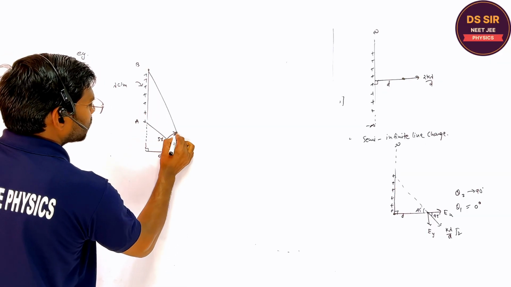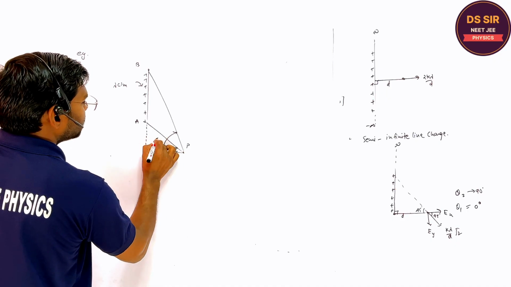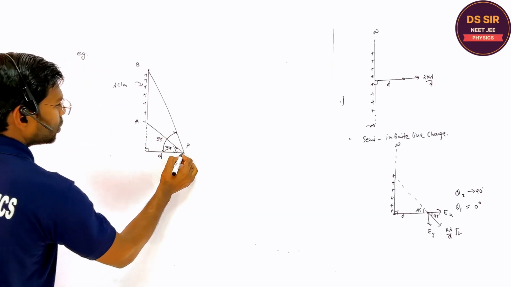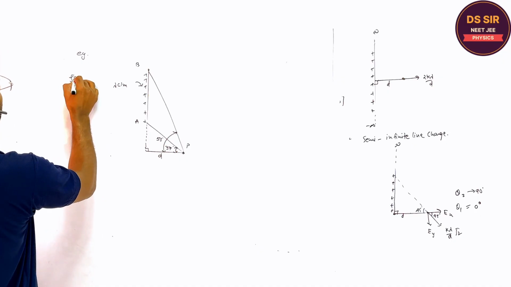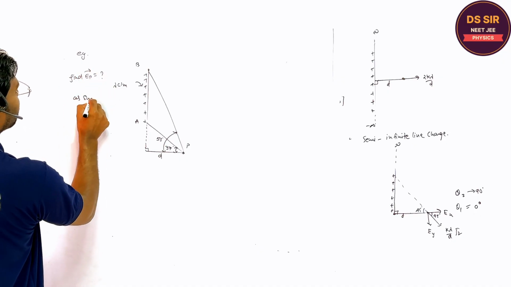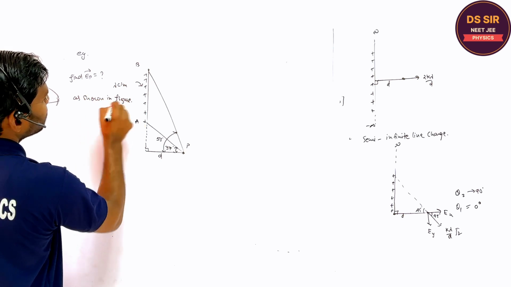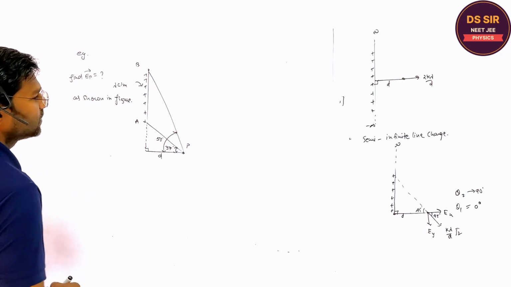You understand or not, you tell? This is 37 degrees. This is 53 degrees. You have to find the electric field at point P, as shown in the figure. This is the question. Think about this.